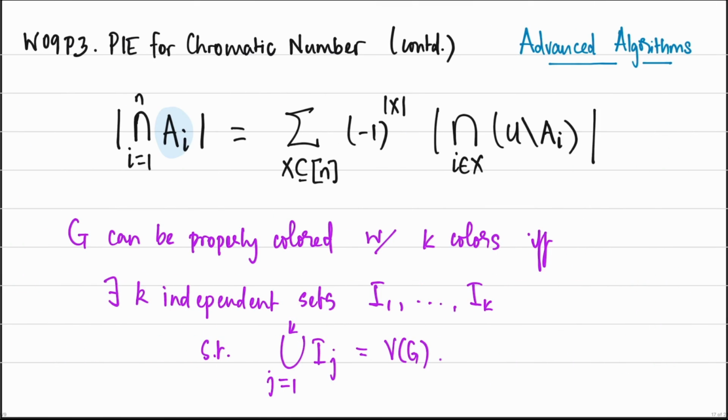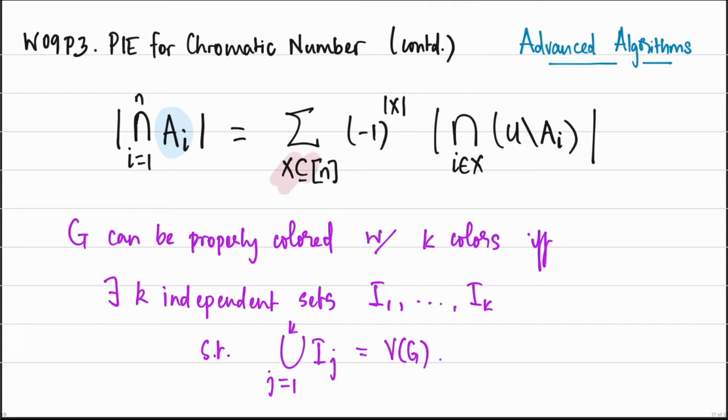Now, going back to where these values are getting plugged in, that's in this formula here. Notice that when we are computing this sum, it's really a running sum of 2 to the n terms. So we are going to spend 2 to the n time just going over each term. Now let's think about what it takes to compute a given term.